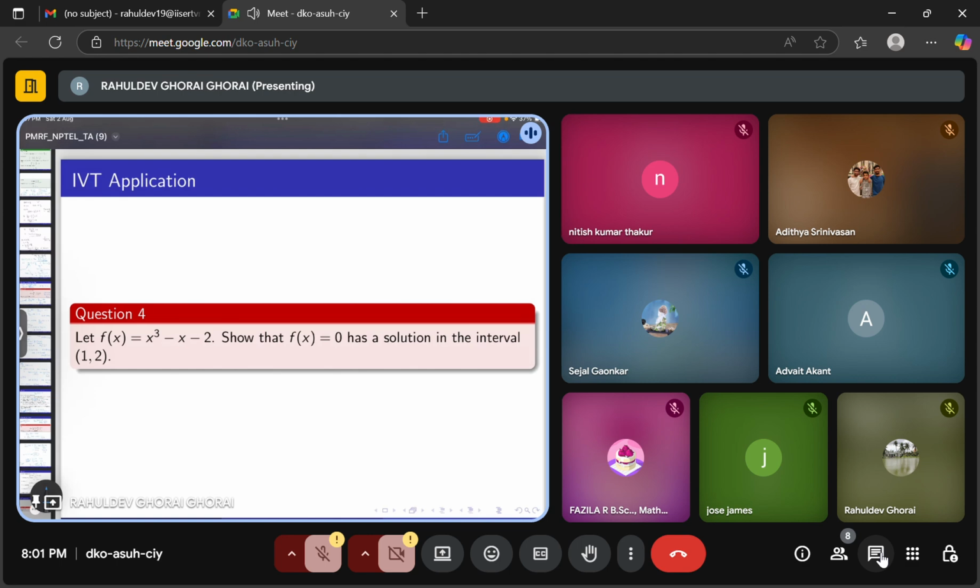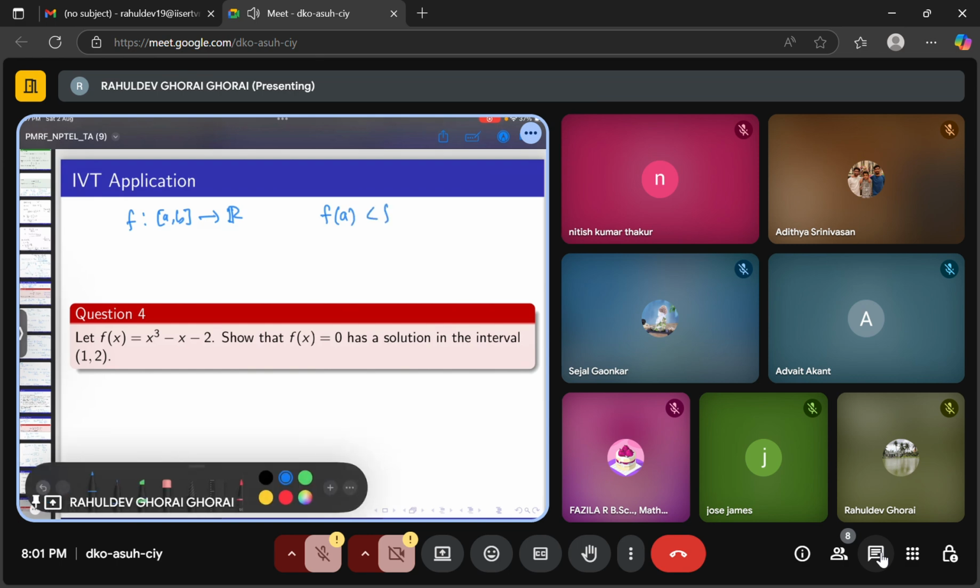Once again, I will tell: f is a continuous function from [a, b] to the real numbers, and you have f(a) and f(b), and between them any real number, let's say r.